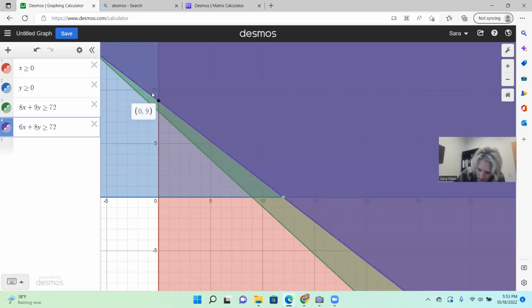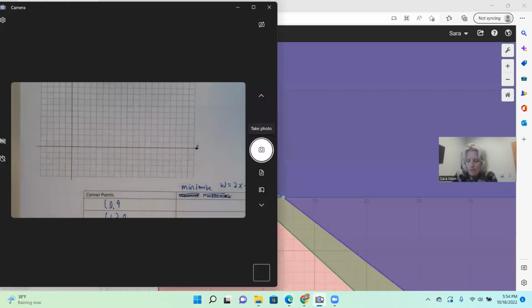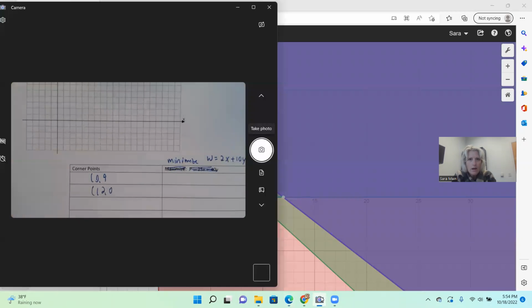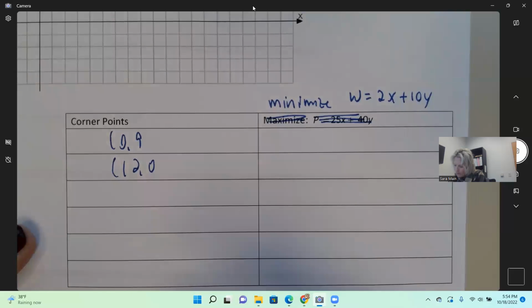So we've got 0 and 9 is a corner point. And then 12 and 0. So I'm going to just make this bigger so you can see. So we've got 12 and 9.